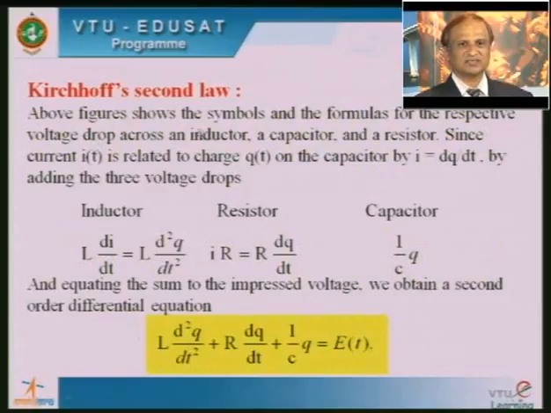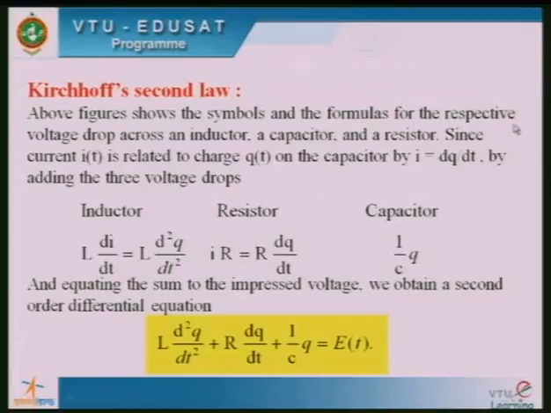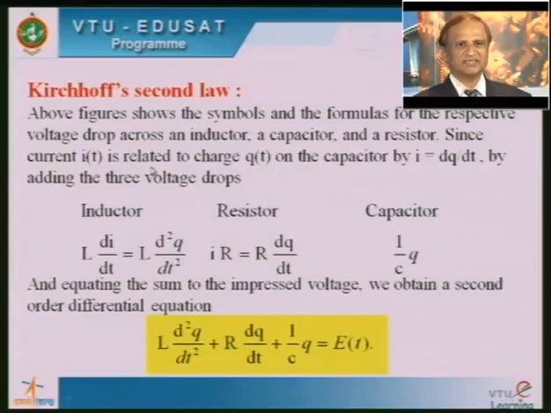Above figures show the symbols and the formulas for the respective voltage drop across an inductor, a capacitor, a resistor, since a current I of t is related to charge Q of t on the capacitor by I is equal to dq by dt. That's clear.